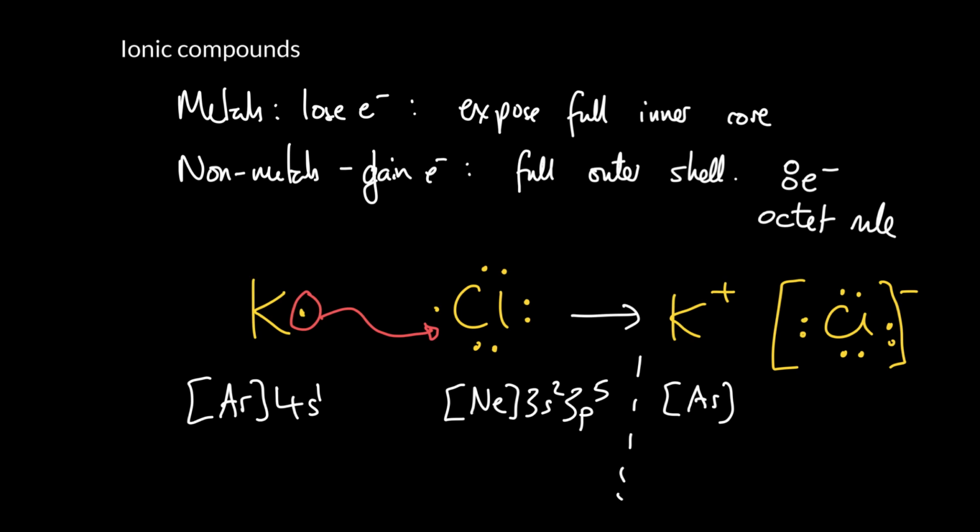And when chlorine gains an electron, it fills up that outer shell, so 3p5 becomes 3p6, and now the entire electron configuration is exactly the same as our friend argon. So we can see that in ionic compounds the individual atoms gain and lose electrons until the ions themselves are isoelectronic with the noble gases. That's almost always going to be exposing full outer shells with 8 electrons in.